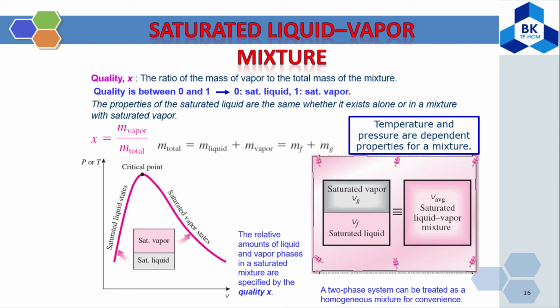So the quality is between 0 and 1. 0 means it is saturated liquid, and 1 is saturated vapor.